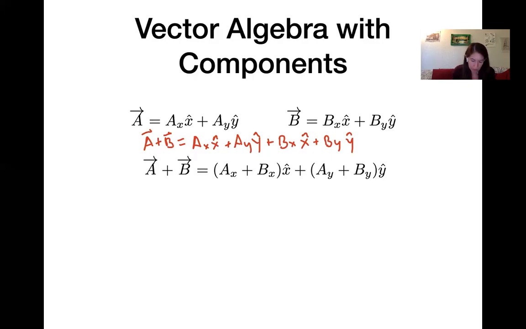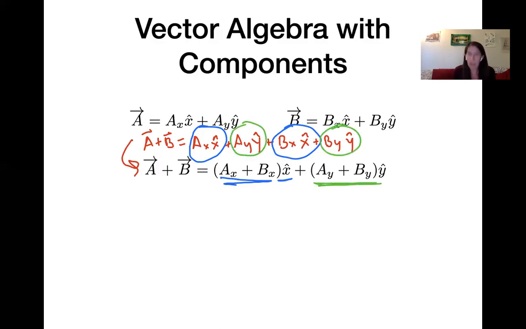And then all I've done to get from here to the next line is I have collected the x terms, these are the two x terms, and then I just factored them out. And so here's the x hat, and I just factored the two x components out. And then I did the same thing with the y terms. I just grouped them over here and factored the y hat out.